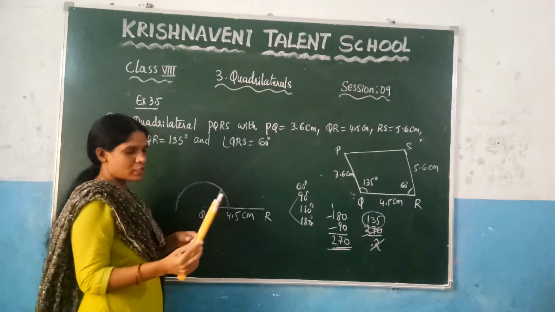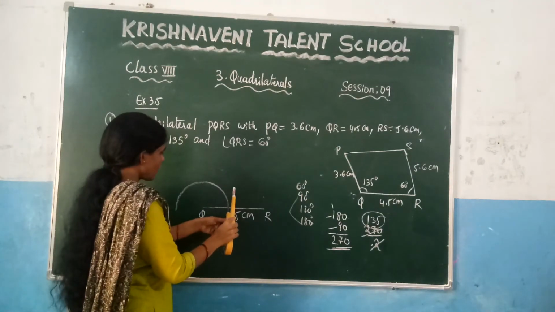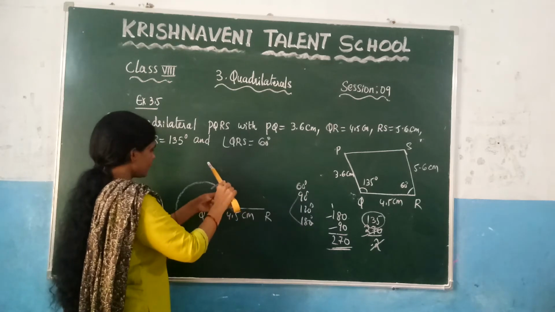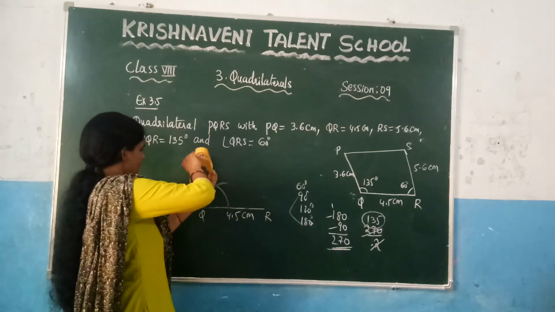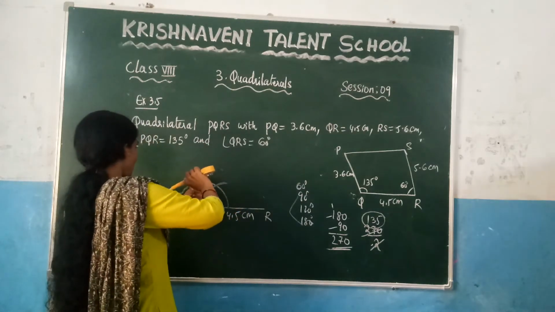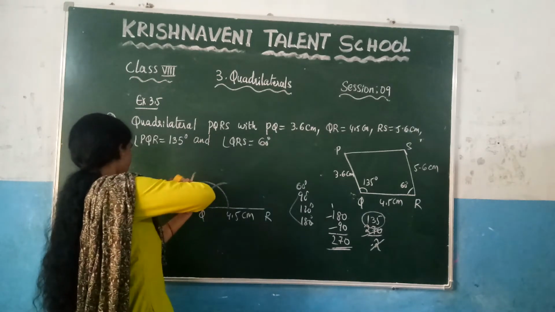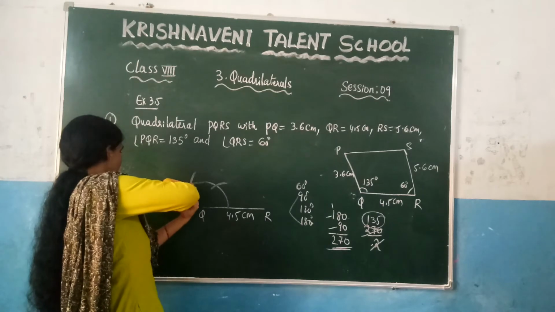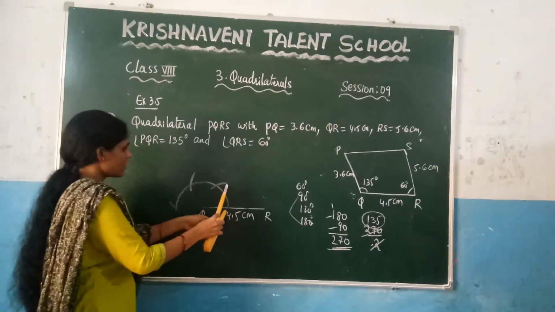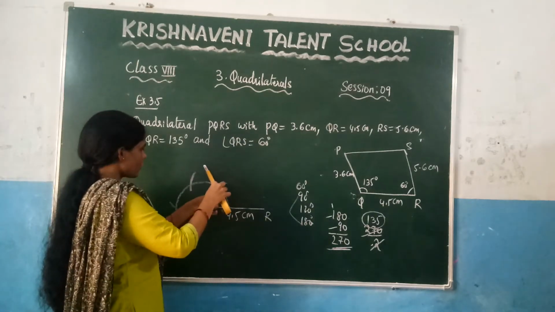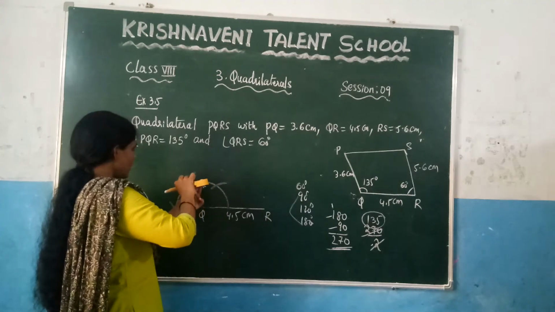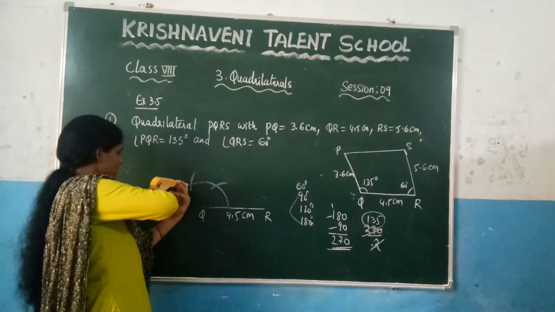You should not change this one, right? And 60, 120, 180, right? This is 60, and after that at this point this is 120, and at this point this is 180.